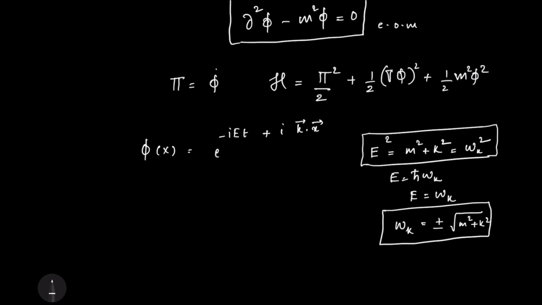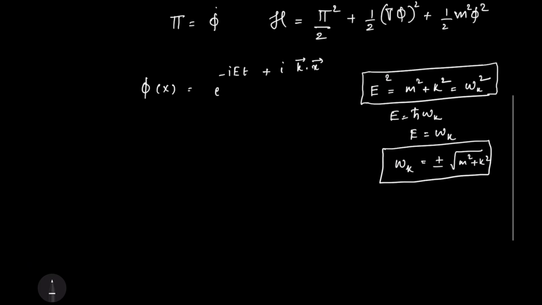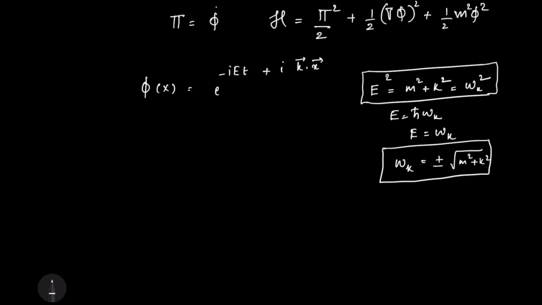So we normally separate the positive and negative roots of omega. So here you can see there are positive and negative roots available for omega, and in general it is a convention to separate them into positive and negative roots.